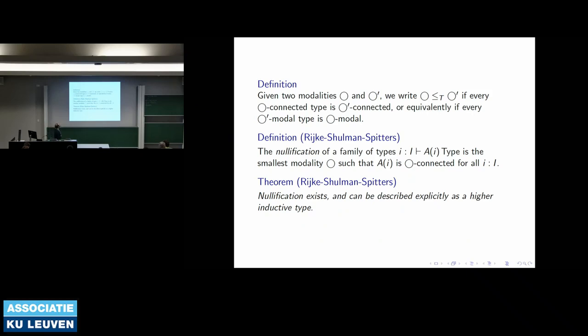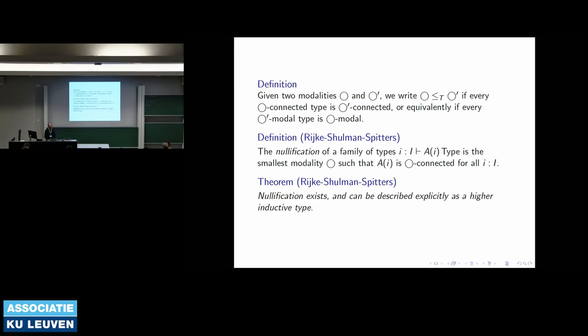It just says that the modality O is less than O primed if every O connected type is O primed connected, and by some kind of formal duality, this is the same as saying that every O primed modal type is O modal.